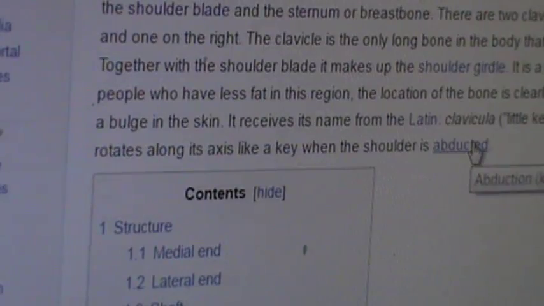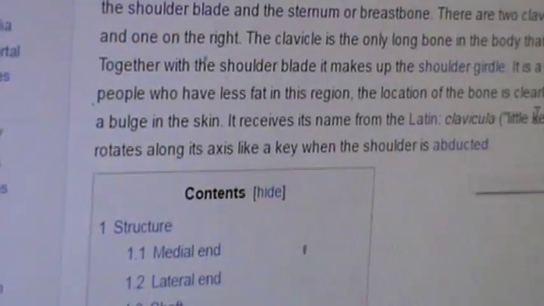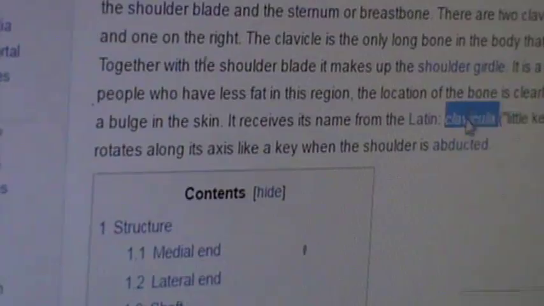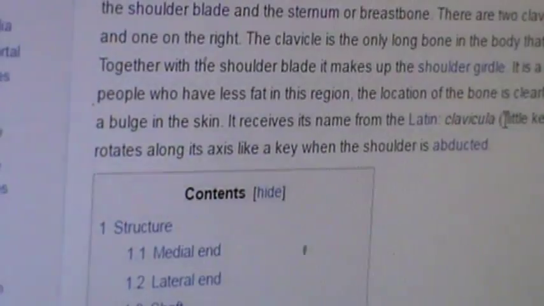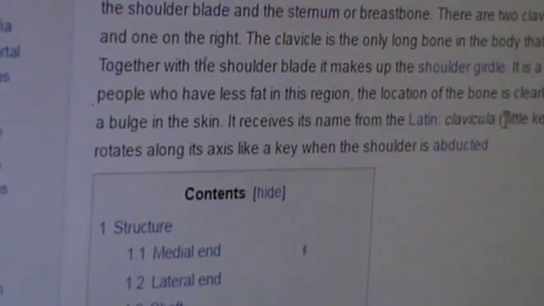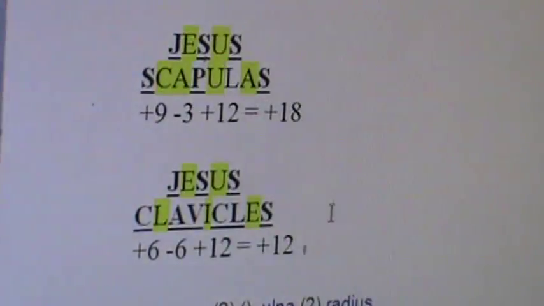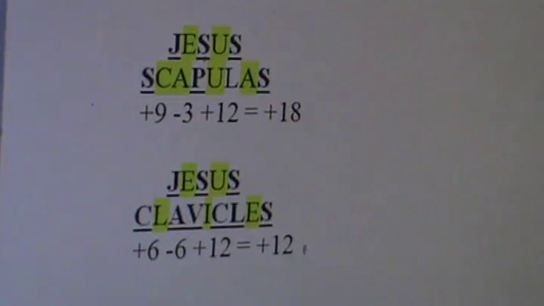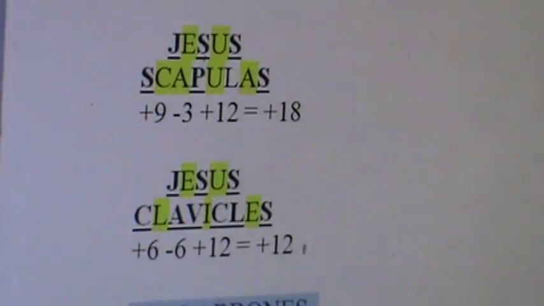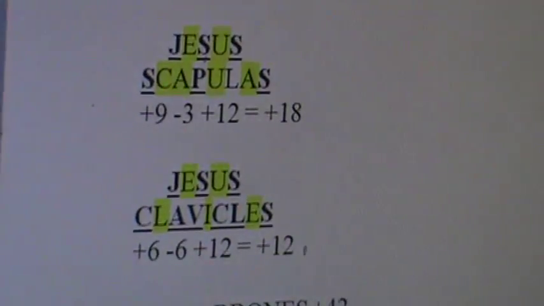So they called it a key. Little key. Well, key parallels Christ. Clavicula. There's a lovely 3-fest. So what's interesting then, if you were to compare collarbones to Jesus, the offset would then be a very happy 42, which is again a multiple of 6.